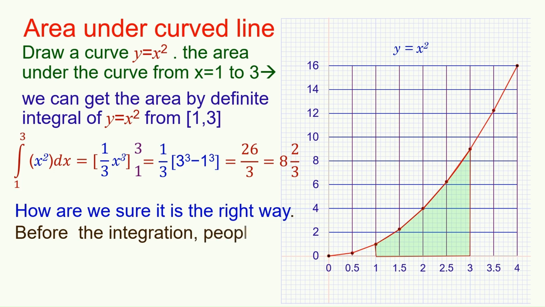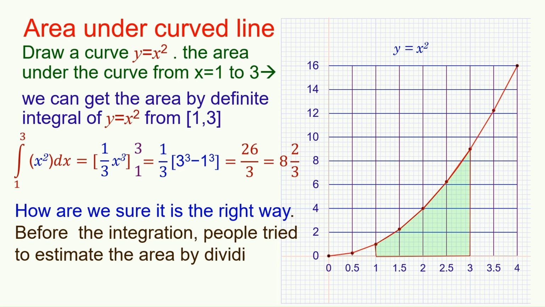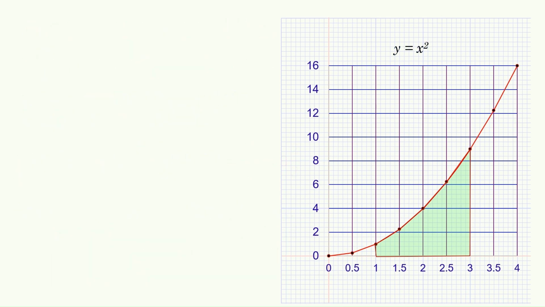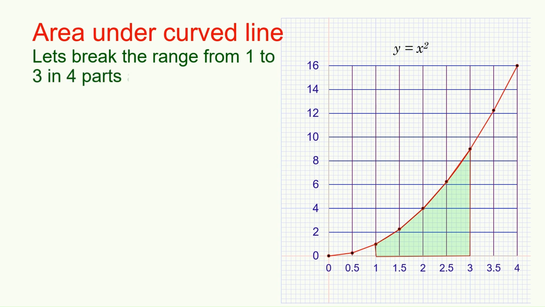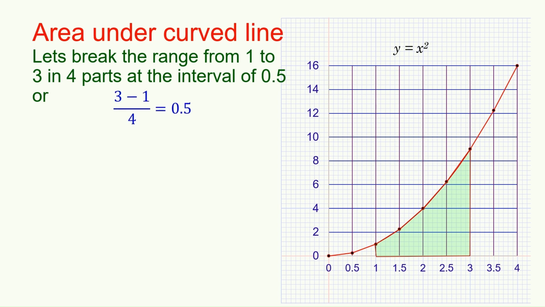How are we sure it is the right way? Before integration, people tried to estimate the area by dividing it into many rectangles. Let's break the range from 1 to 3 into 4 parts at the interval of 0.5, or (3 minus 1) divided by 4 equals 0.5.